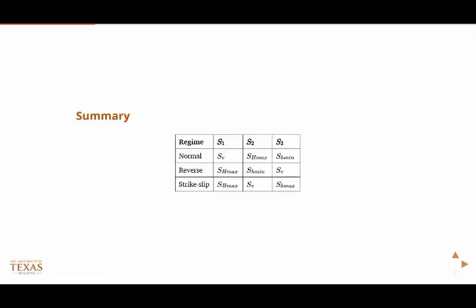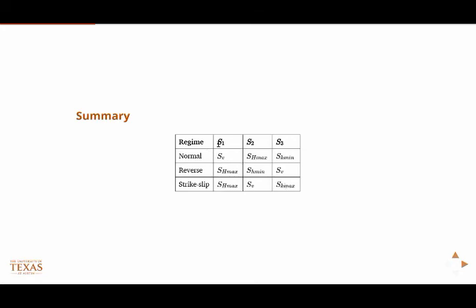So just in summary, we have this chart. I think there was a similar chart in the book, and possibly it would have been easier to remember if I had placed strike slip between normal and reverse, because then you just have the vertical stress along the diagonal, right?